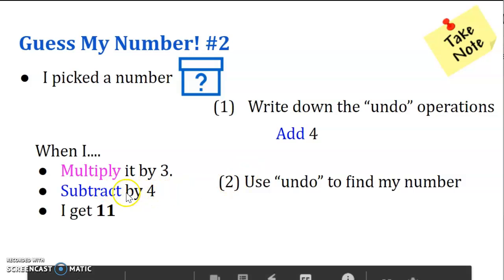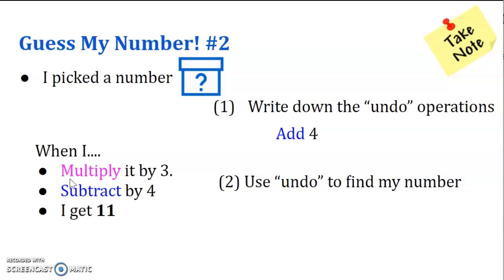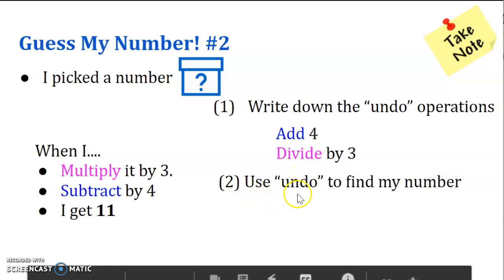Now that I've undone the subtract by 4, I need to undo multiply by 3. How do I undo multiply by 3? I divide by 3. So we start by putting it in English words, and then we can do the undo steps to find our number.